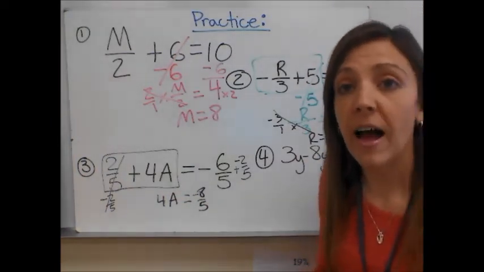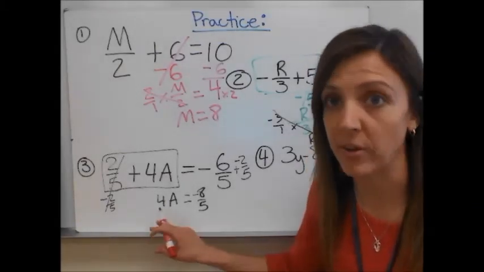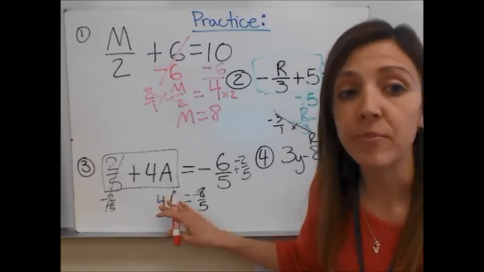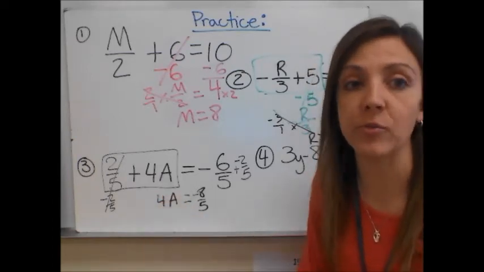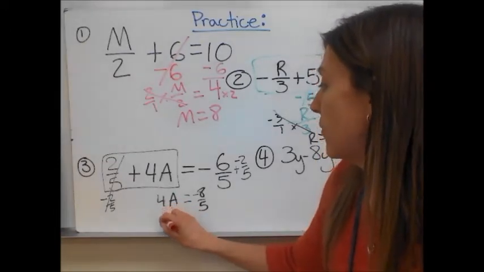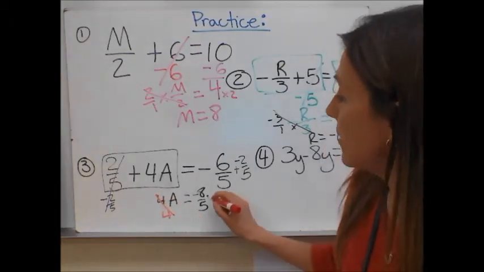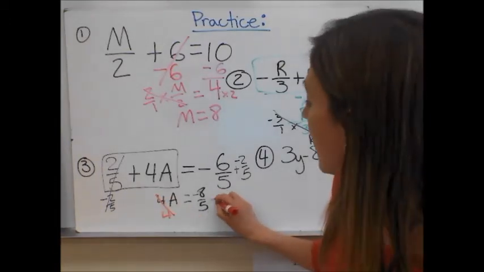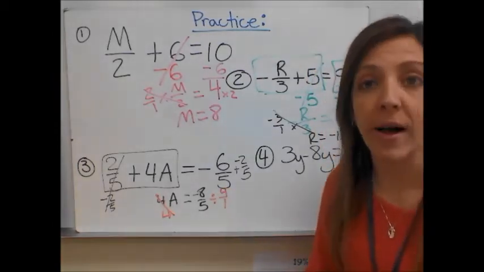Now, I am going to isolate the king variable using inverse operations, multiplication and division this time. 4a is multiplication, so I'm going to use the inverse operation of multiplication, which is division. 4 divided by 4 is just 1, and I'm going to divide negative 8/5 by 4, or 4 over 1.